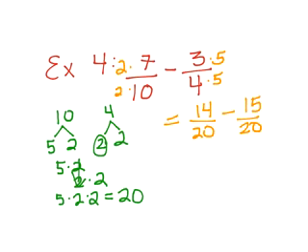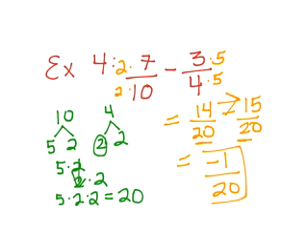Now that I have the same denominator here, which is what I wanted, I can now continue and do the top. 14 minus 15 gives me -1, and I keep the denominator the same, and this is already completely simplified. And that's that, guys.